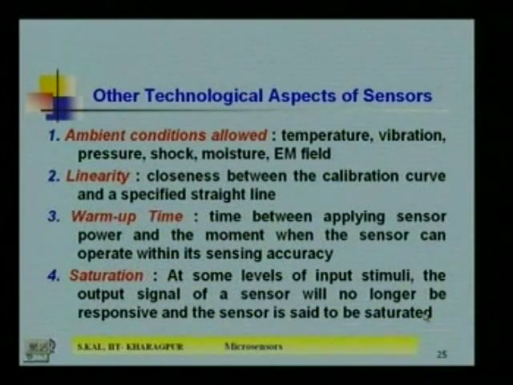Now, the other technological aspects of sensors are the ambient conditions allowed. What are ambient conditions? Temperature, vibration, pressure, shock, moisture, electromagnetic field. That is one important parameter. The electromagnetic field is coming up nowadays because of the application of a lot of wireless devices, so a lot of electromagnetic fluctuations are there in your surroundings.